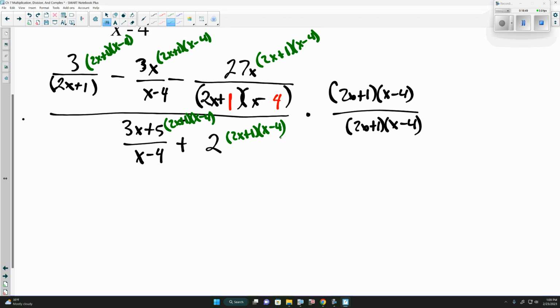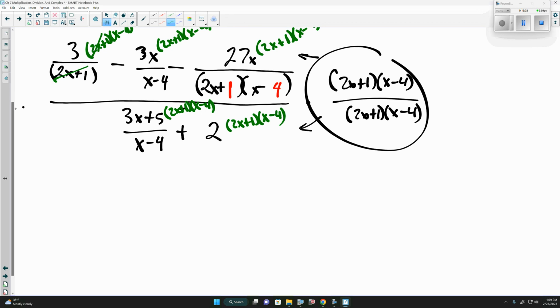That's what we did with this here. We multiplied the entire numerator and denominator by it. And in the first one, 2x plus 1 and 2x plus 1 will cancel, leaving us with 3 times x minus 4.